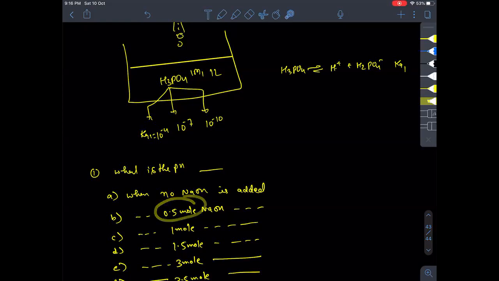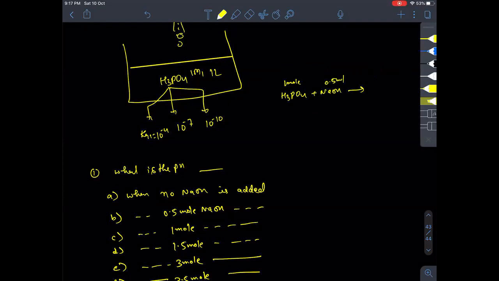Then what are you supposed to do in this case? If you are adding 0.5 mole, then H3PO4 will react with 0.5 mole of NaOH. 1 mole of this will react with 0.5 mole of this. Please understand, you are supposed to break this step by step. Don't write Na3PO4. Write simply NaH2PO4.